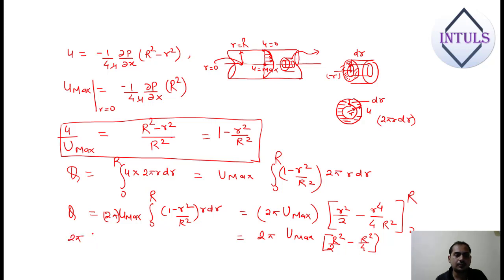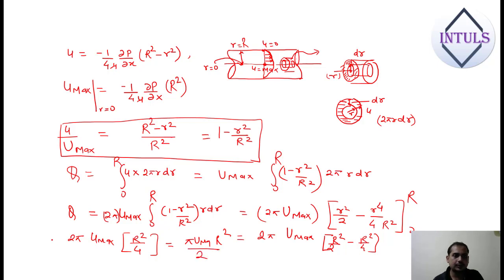So from here you can get 2 pi u max, this is R square by 4, and here you can see pi u max R square by 2.